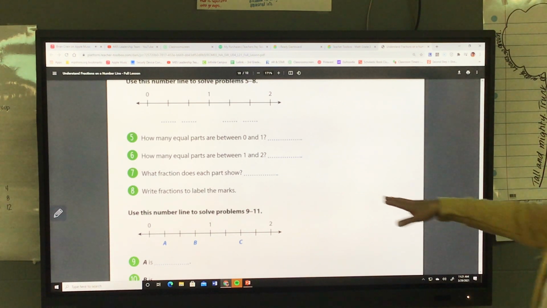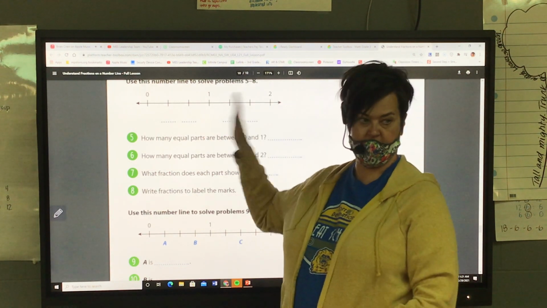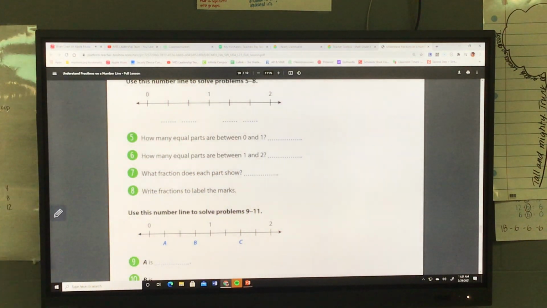And then after you have that, go ahead and finish labeling those 4 fractions that are missing from up there. Right, do you have those labeled?